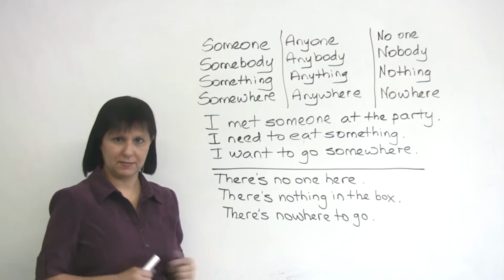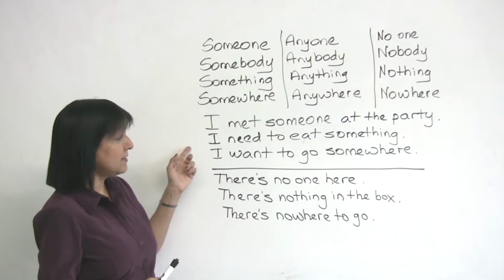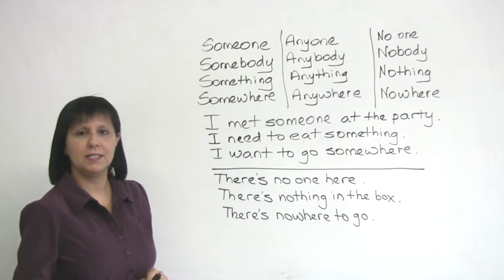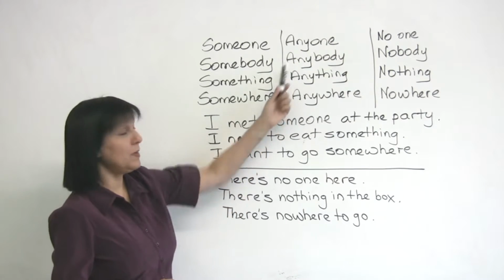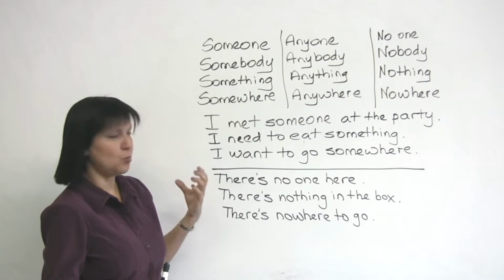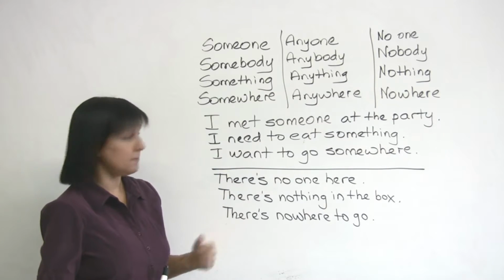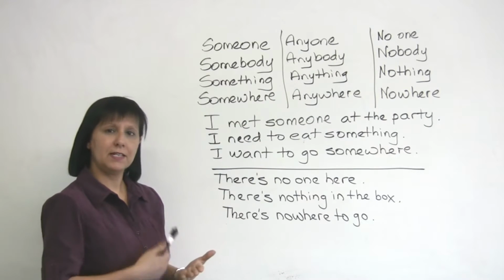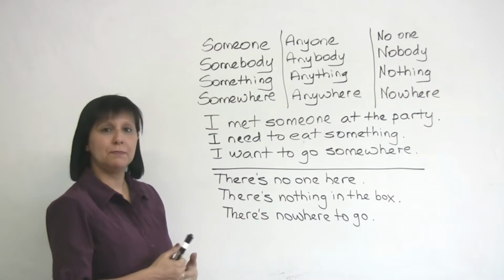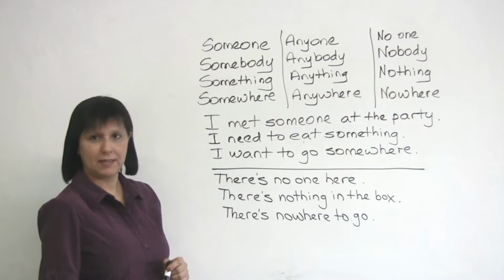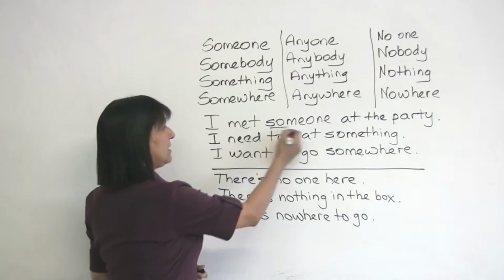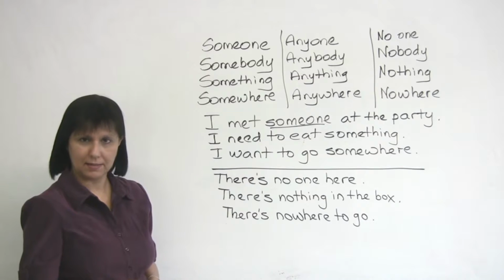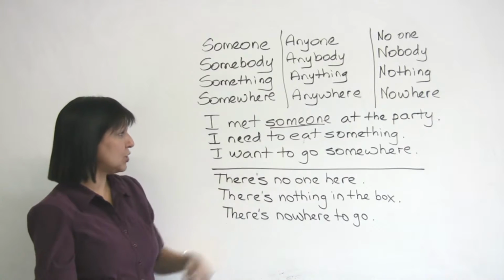Again, another positive sentence. Now let's take these sentences and turn them into negative sentences and see how we replace the some word with an any word. I met someone at the party. If we make it negative, we say, I didn't meet anyone at the party, right? So this will change.